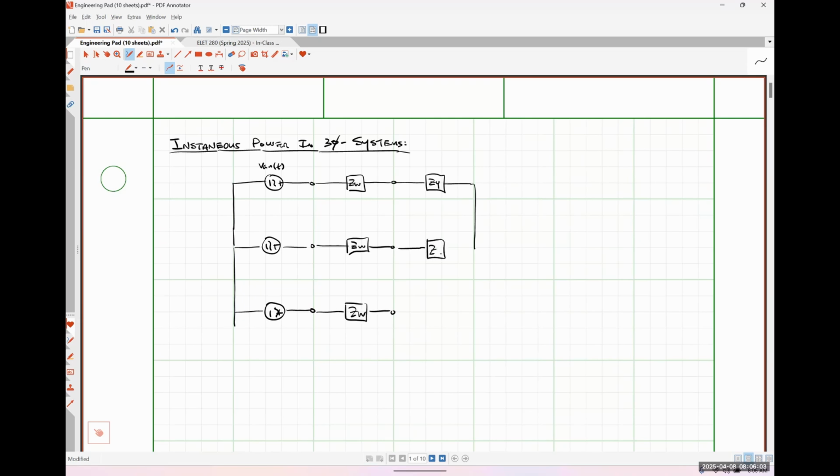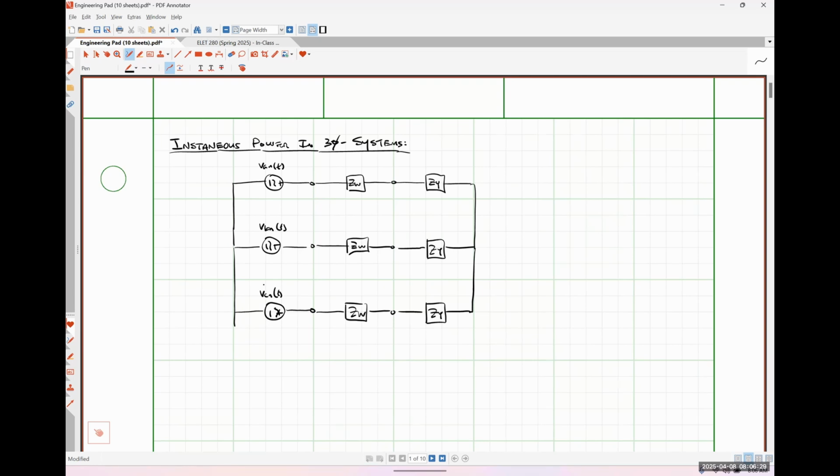Something akin to this. All right. Here's VBN as a function of time. Actually, goodness gracious, my handwriting's looking awful this morning. And here will be VCN as a function of time.